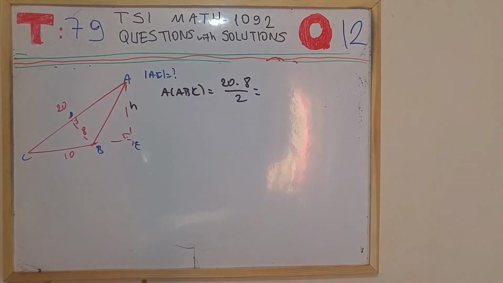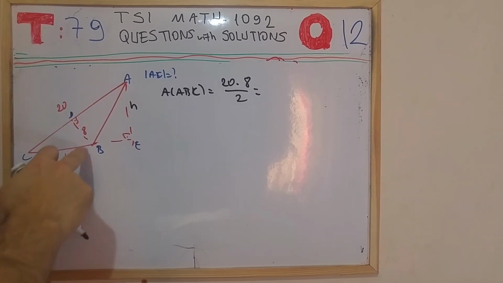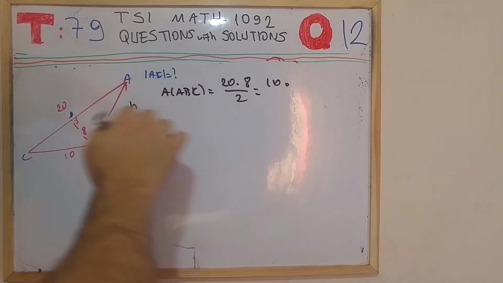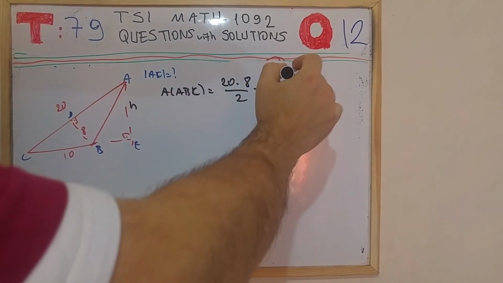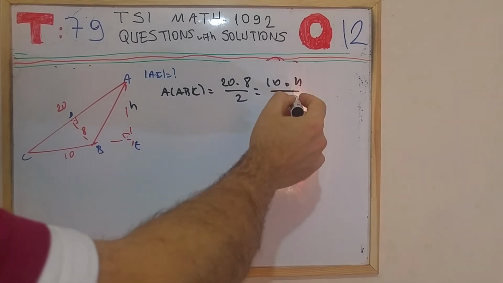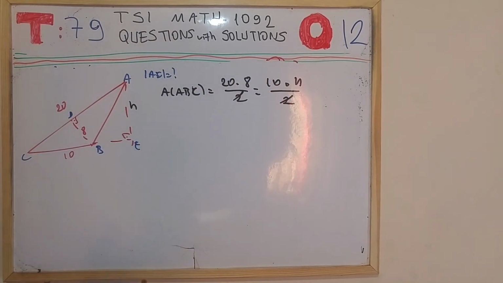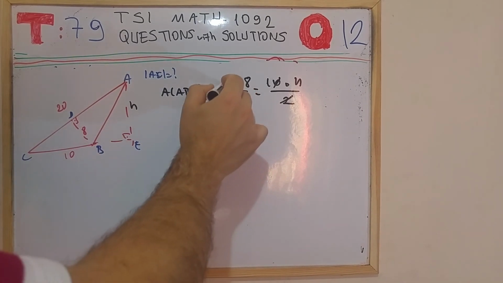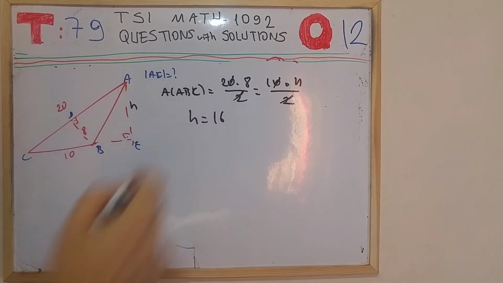Or alternatively, for the same triangle, I can take BC as base, which is equal to 10, times H as the height now, again divided by 2. So these two figures must be equal to each other, and therefore H is equal to 2 times 8, that is equal to 16.